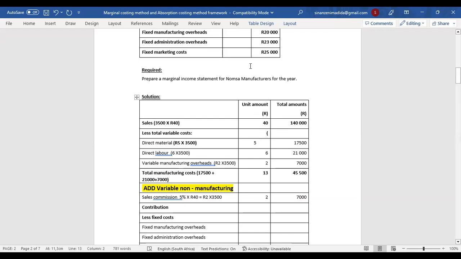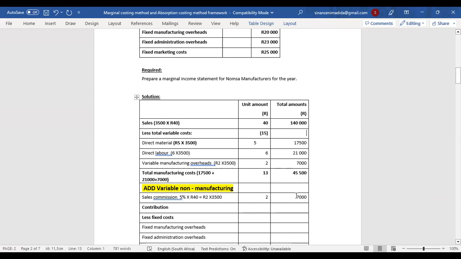How much did we have as our total variable cost? We are adding our 13 plus our 2, which is 15. That's per unit. We are having our 15. We put it in bracket. Then the total, we do the same, 45,500 plus 7,000.